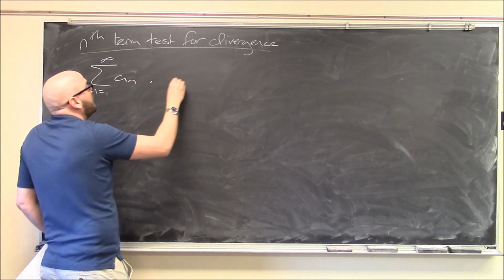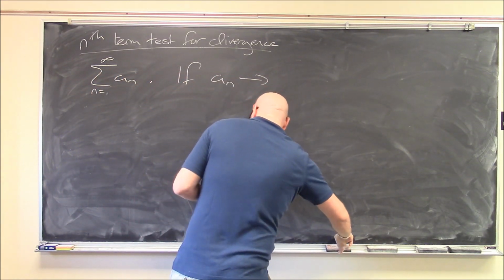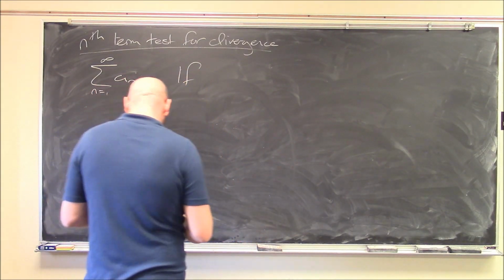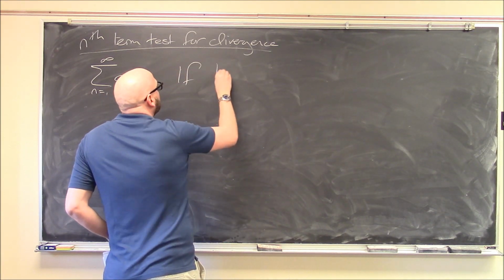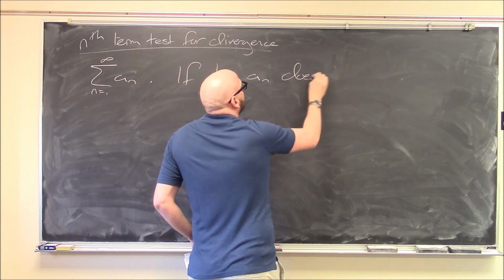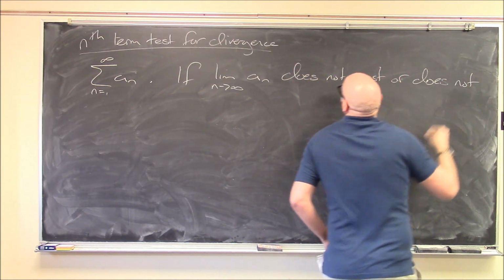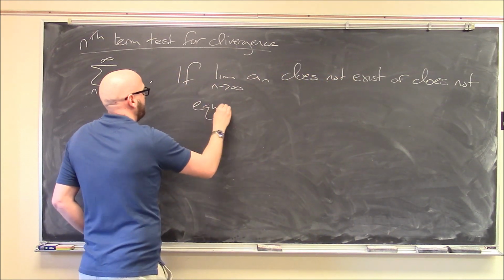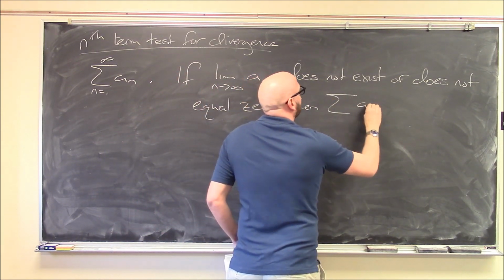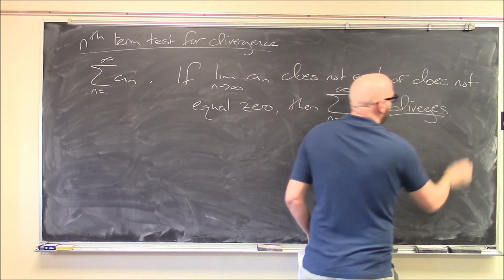The nth term test says the following: if the limit as n goes to infinity of a sub n either does not exist or does not equal 0, then this series diverges.